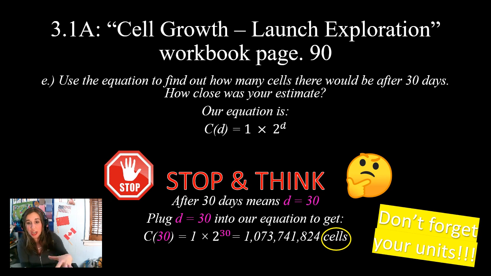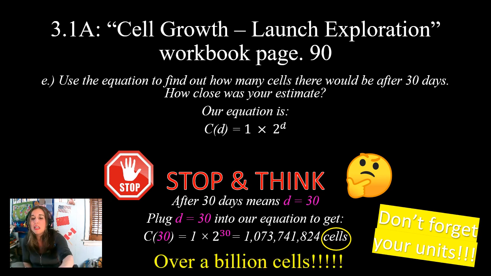I mean, just look at how these cells grew in a month's time. Exponential growth is nutty. Over 1 billion cells, you guys. Crazy stuff, right? So really take a second to stop here and just make sure your answer makes sense, okay? There's my surprised face. Over 1 billion cells.